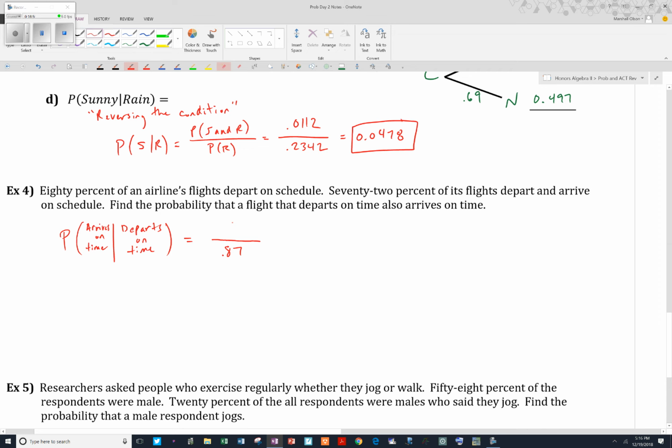That's what we want in the numerator, because that's your and. This is going to be 0.9. So 90% of flights that depart on time will arrive on time, obviously at a different airport.